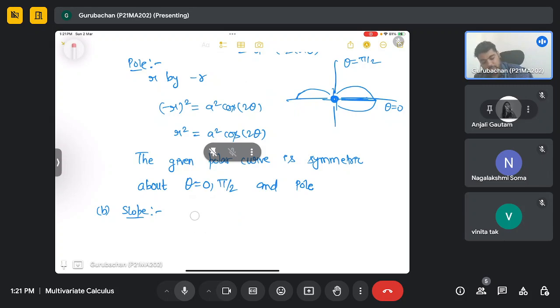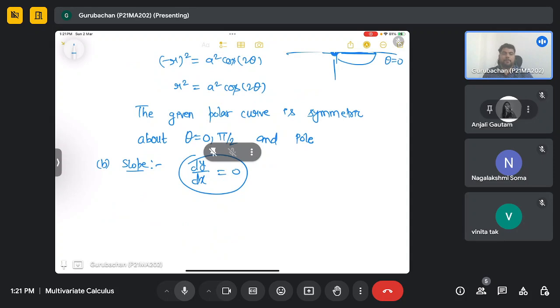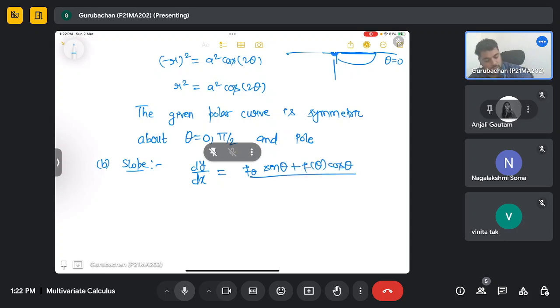Here we have to write dy by dx. Since we are talking about tangent, dy by dx is going to 0. We need to check this kind of tangents. So dy by dx, in the given formula, is f'(theta) sin theta plus f(theta) cos theta divided by f'(theta) cos theta minus f(theta) sin theta.